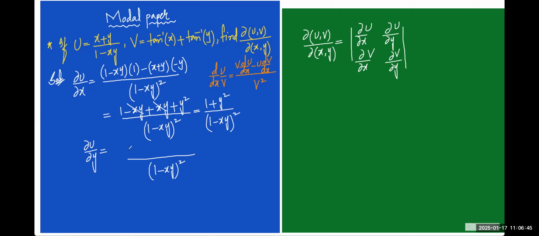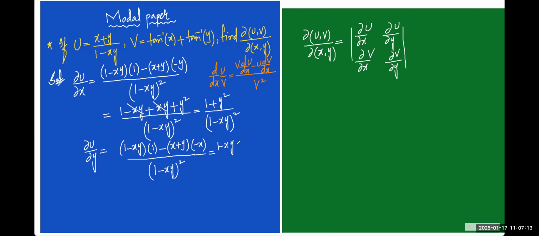And here we get 1 minus xy, like the above part, into the derivative with respect to y, that is 1, minus x plus y as it is. Now the differentiation of 1 minus xy with respect to y will give minus x. If you simplify here, I will get 1 minus xy.